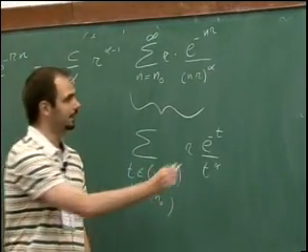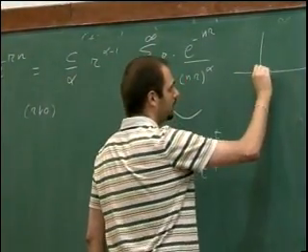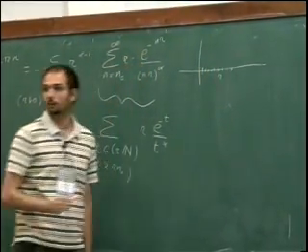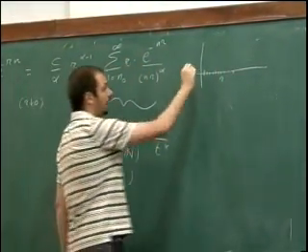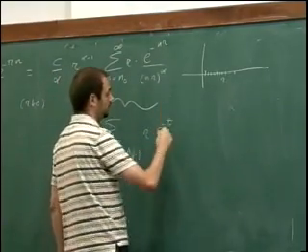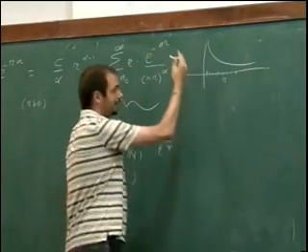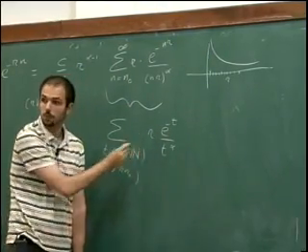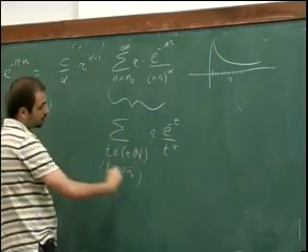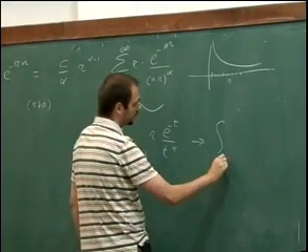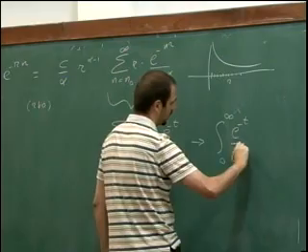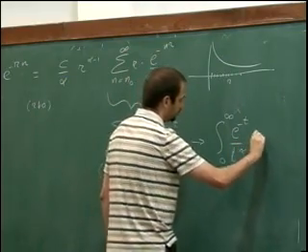What I'm doing is making small intervals of width r, and I have this function, and I make a Riemann sum: the value of the function at the interval times the width of the interval. So this converges to the integral from 0 to infinity of e^(-t) divided by t^alpha dt.